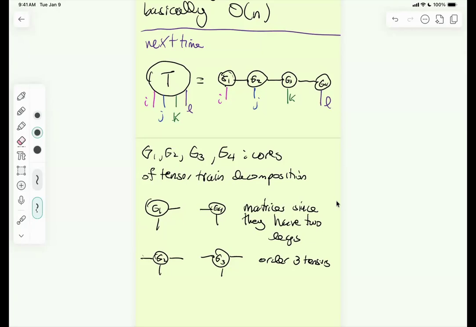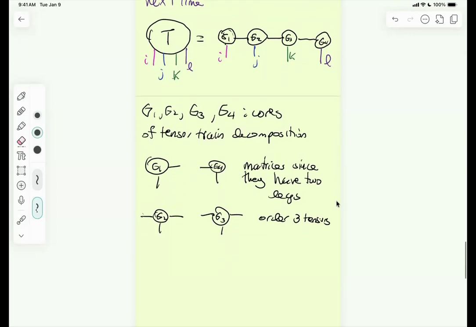If you think about it, if you just do a count, and maybe that would be the last thing I mention today: imagine, just to make your life easier, that the number of values each index can take is n, so that it's like a cube, a hypercube, right?